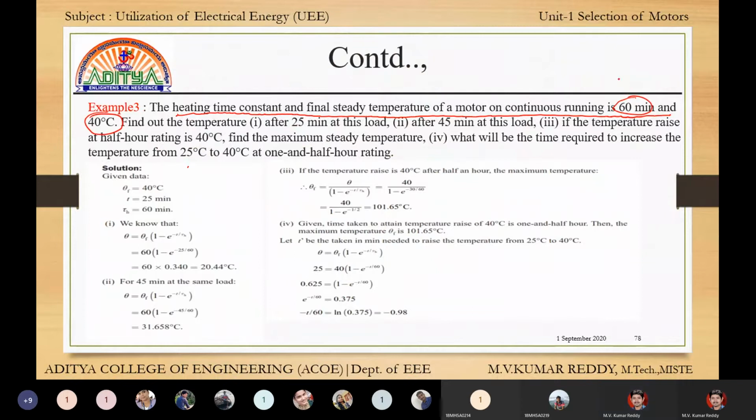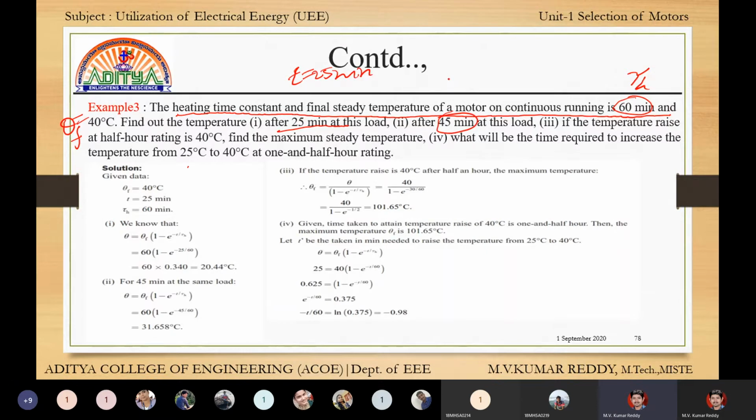Here 60 minutes is tau h, the heating time constant, and the final steady state theta f is equal to 40 degrees centigrade. Find out the temperature after 25 minutes. That is, t is equal to 25 minutes. That is the first problem.